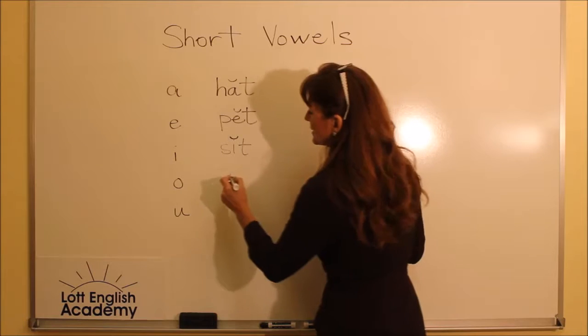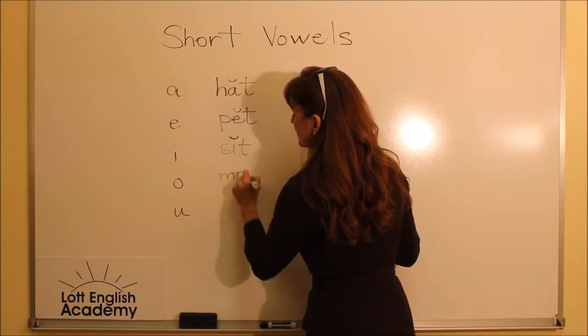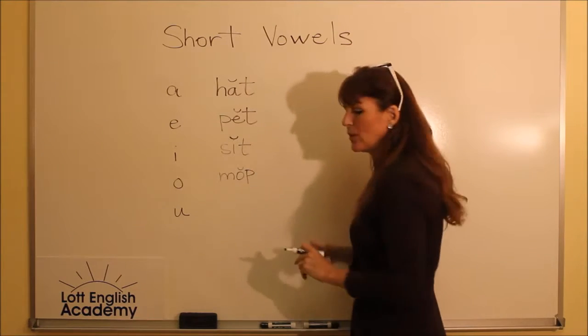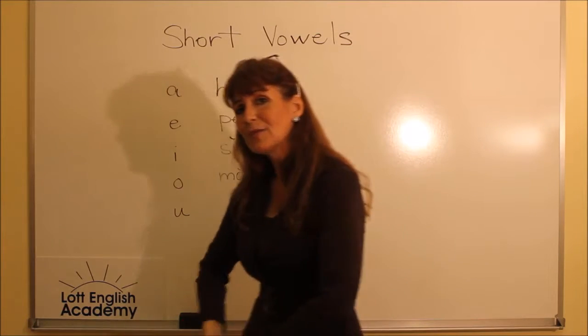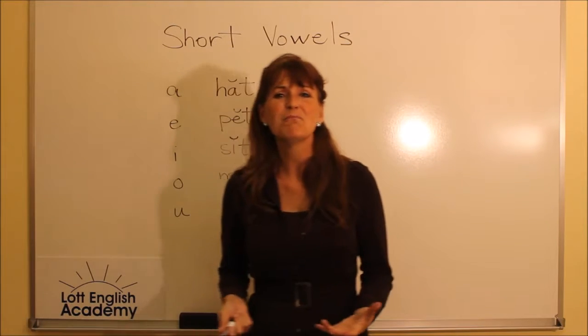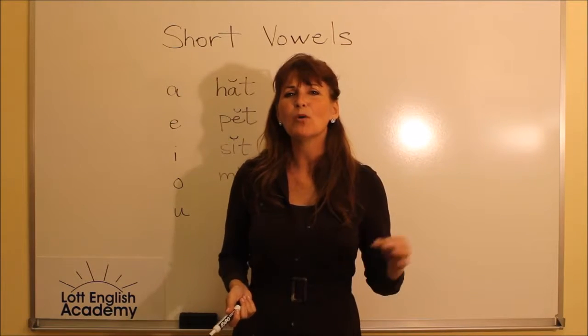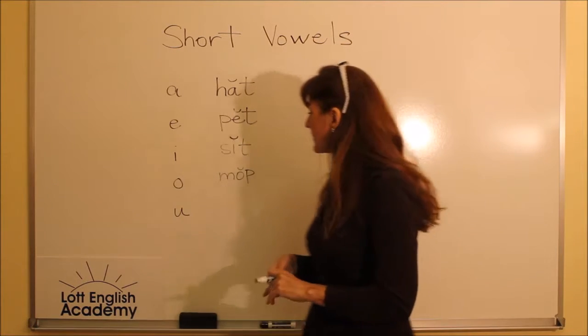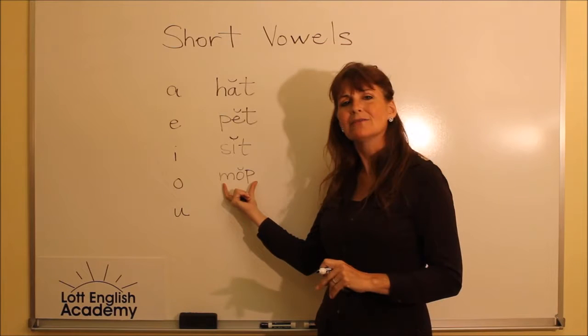I'm going to give you an example that maybe you know. If you clean the floors where you live or somewhere else with water, and you make the floor wet and you clean it, that's called to mop, right? To mop the floor, M-O-P, mop, mop. This is a short O sound.